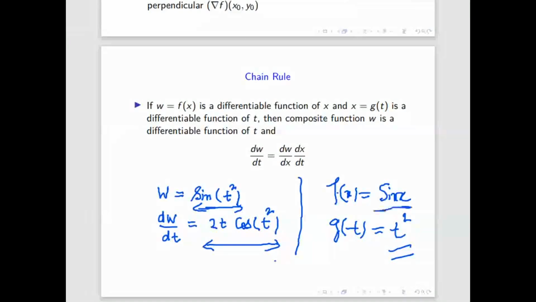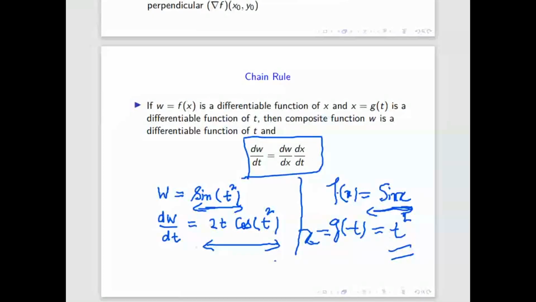But here this is a function of x, and because we know x equal to t square, we are replacing x equal to t square. So we are differentiating sine t square with respect to t square. That's why this differentiation of sine t square with respect to t square is coming cos t square and then 2t.